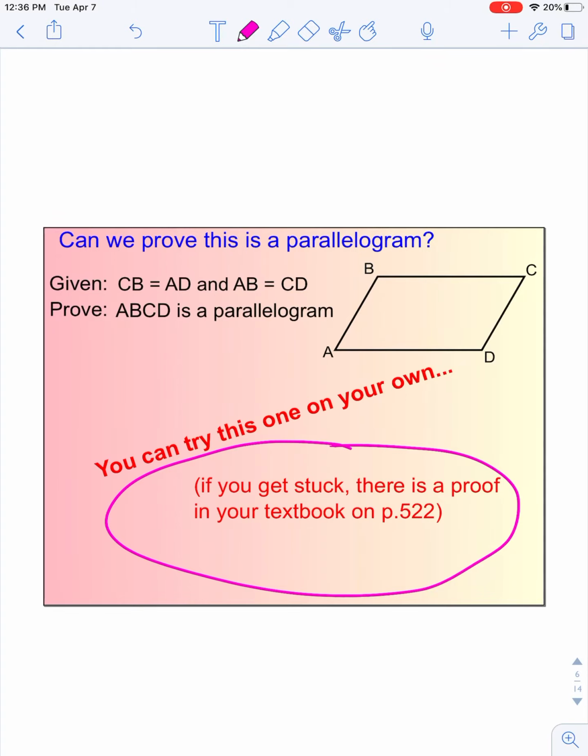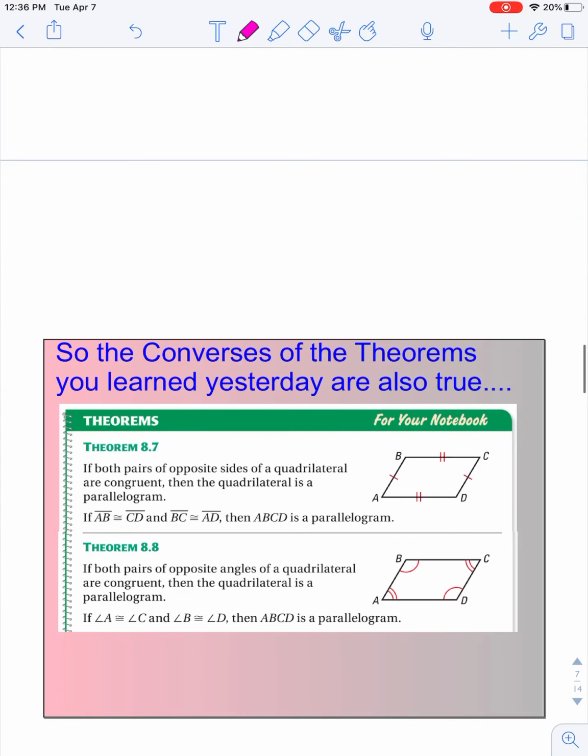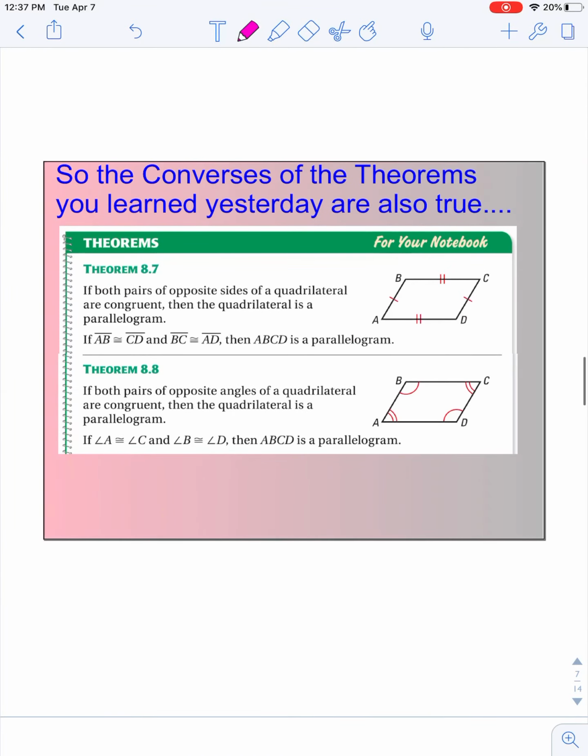But all of this is really leading to the fact that the converse of the theorems about parallelograms that you learned yesterday are also true. So now we can say that if both pairs of opposite sides of a quadrilateral are congruent, then the quadrilateral is a parallelogram.